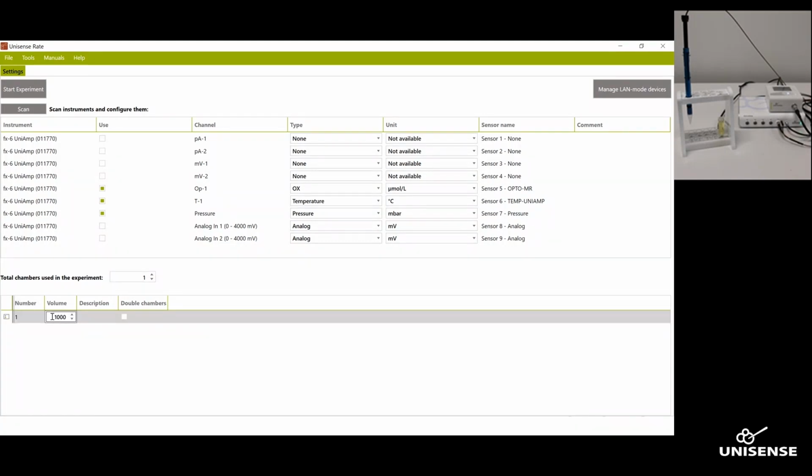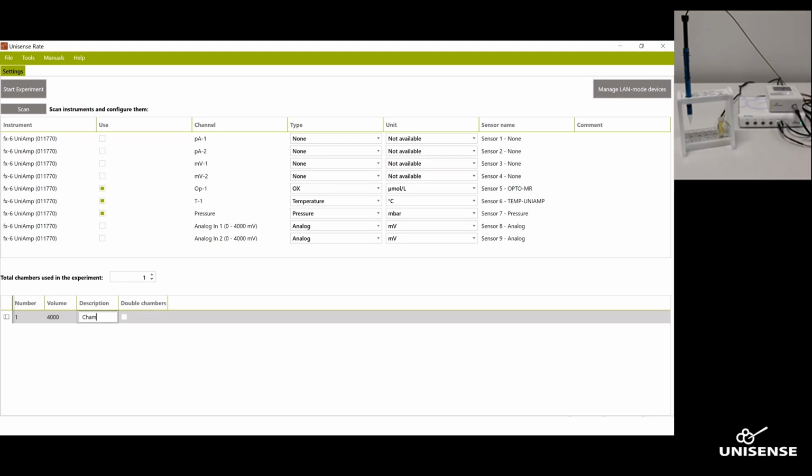All the glass chambers are handmade, and therefore you have to find the exact volume of the chambers yourself, and this will just be done by weighing the chamber before and after adding water. So you have to find the exact volume, because the software will use this volume when it calculates the rate for you. Today I will use a 4 ml chamber, so I will put in 4,000, and this is in microliter here. Then you can give your chamber a name.